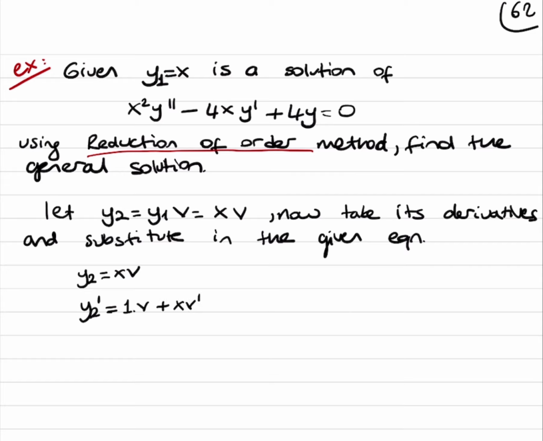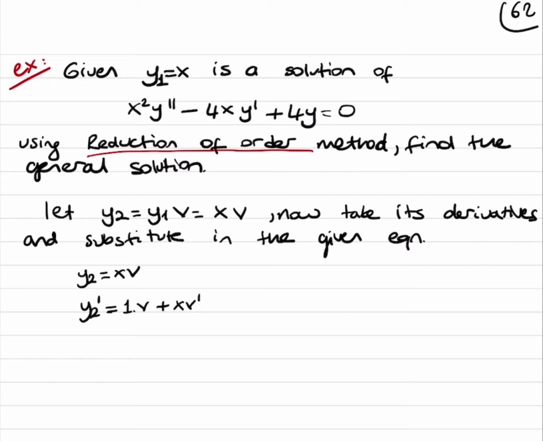So let's simplify things. You see that these two terms will cancel, and what are we left with? We are left with x cubed v double prime minus 2x squared v prime is equal to 0.